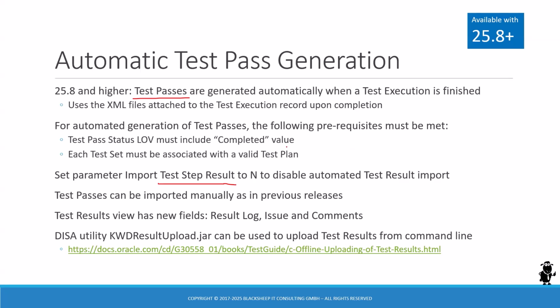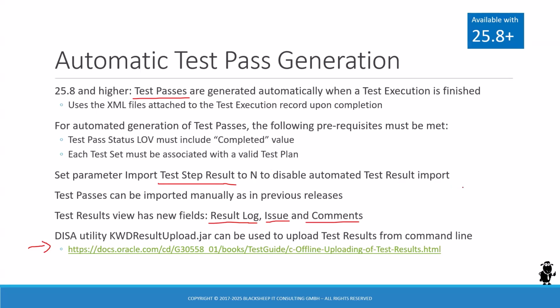And then if you set the parameter to yes, obviously, you get the test step result, great detail. And you also have new fields showing you the result log data, allowing you to enter the issue and comments, especially for failed steps. And you can also still trigger that upload from DISA, in case it didn't work or you want to do it manually in some forms.